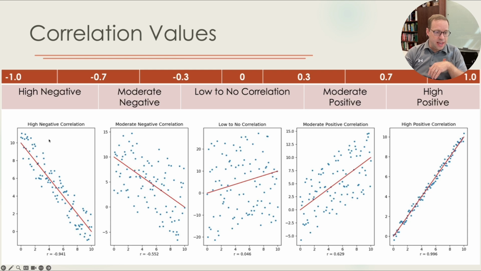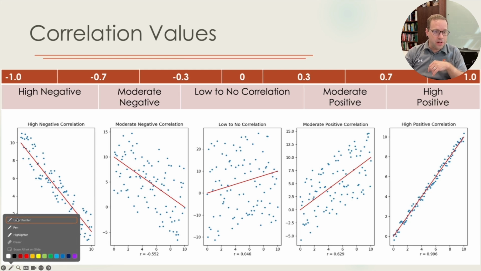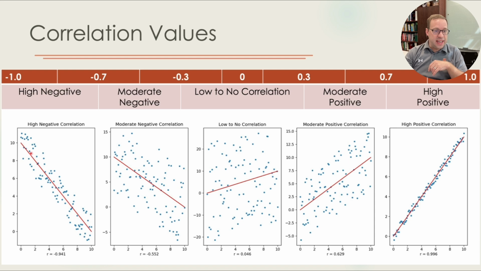And you can see down here, let me get my laser pointer, that the data is all following this line very closely. That means high correlation. And the line has a negative slope to it. So it's a high negative correlation. Generally, if you're somewhere between -1 and -0.7, that would be a high negative correlation.